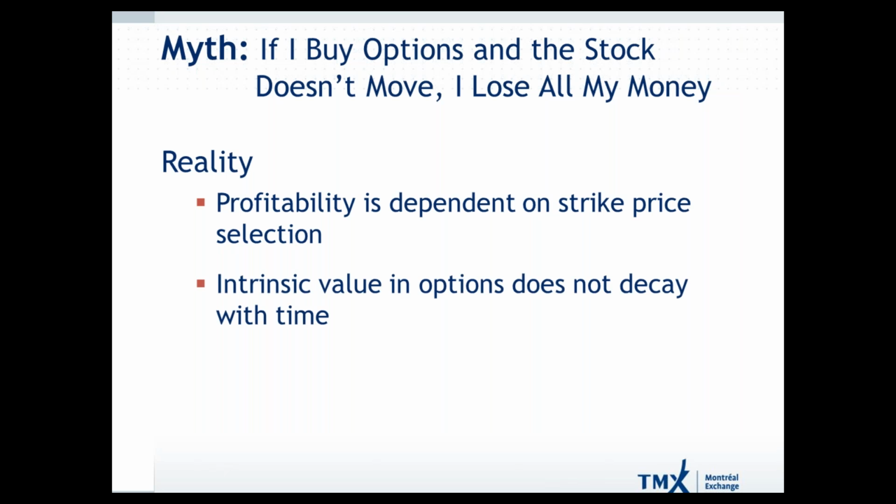And the intrinsic value of an option contract does not decay with time. So if you buy an option contract today that has intrinsic value, even though time may be passing by as we move towards that option's expiration date, we want to recognize that it will always be worth its intrinsic value.